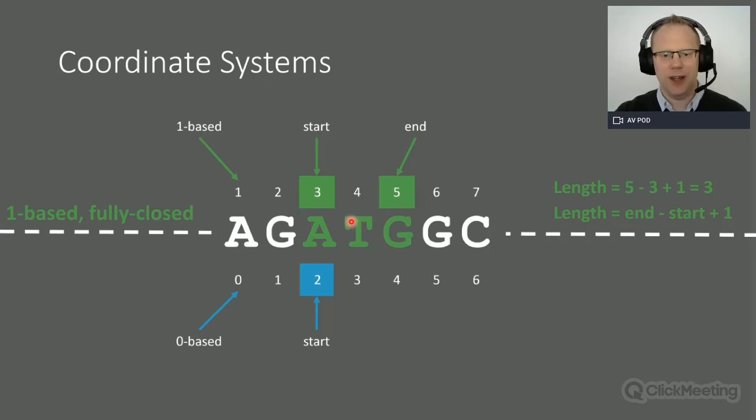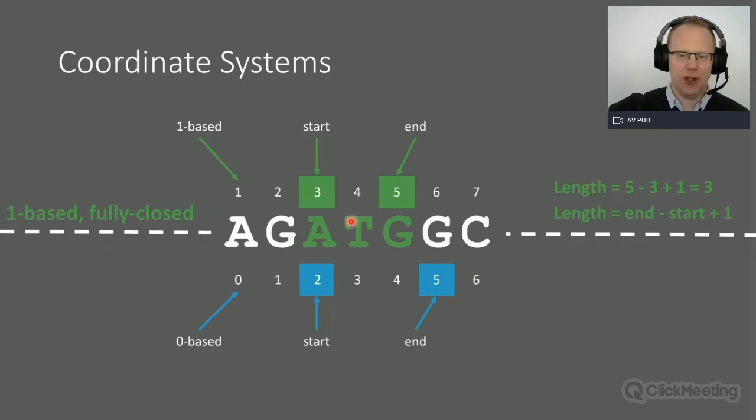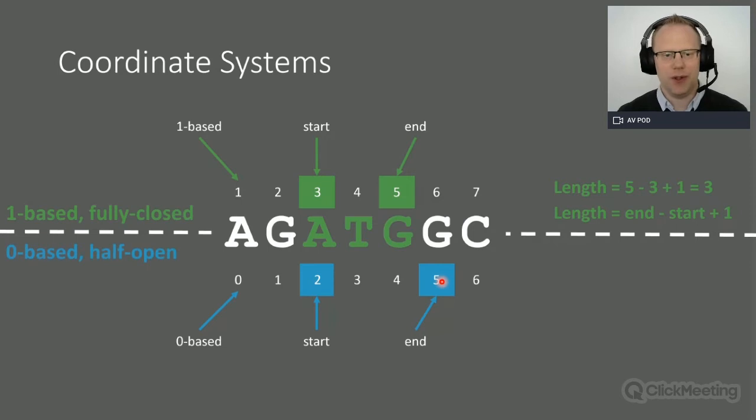The start here is the same base, but because it's zero-based, the start is number 2. So again, this is including the first base of the feature. However, the end coordinate is actually specified as the position beyond the feature that we're looking at. So in this case, we say that the end coordinate is 5, and this end coordinate is not inclusive of the base at that position. So this coordinate system is called a zero-based half-open coordinate system.